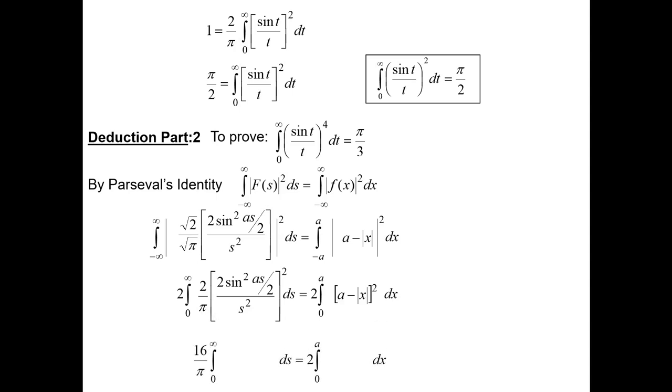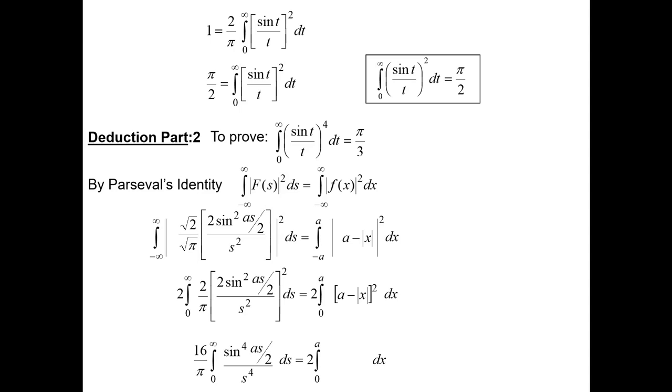So from this, the left hand side we have 2 into 2 into 2 square, therefore it is 16. So 16 divided by pi into integral over 0 to infinity sine power 4 as by 2 divided by s power 4.